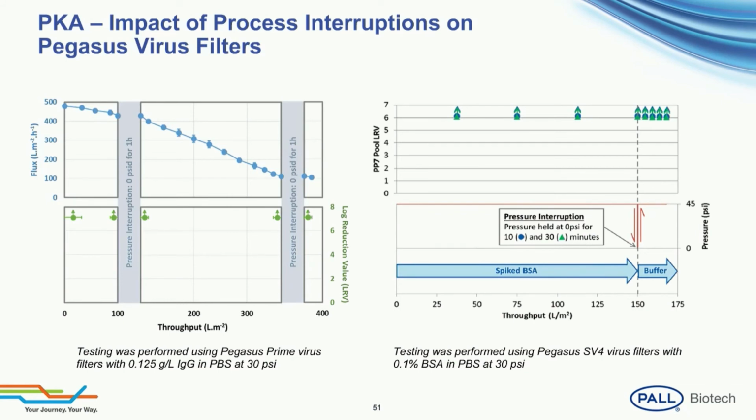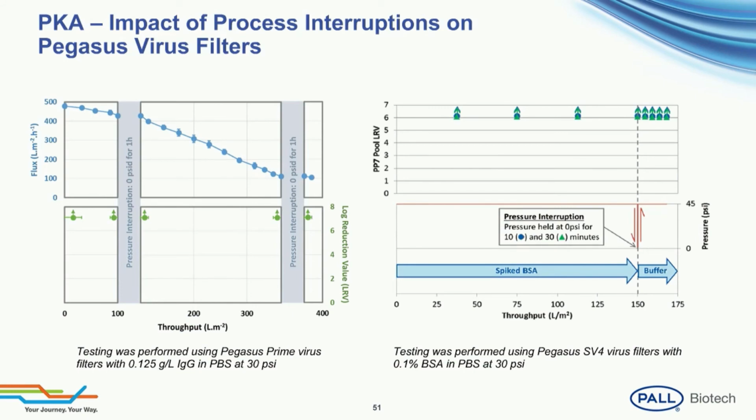Therefore, this study was performed to simulate a worst case test with a low flow through the filter followed by a stop in filtration. The pressure was reduced to 0 for 1 hour and then restarted at appropriate pressure. Testing was again continued to 75% flux decay, and challenge fluid was 0.125 gram per liter of unfiltered IgG in phosphate buffered saline.